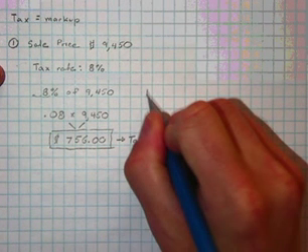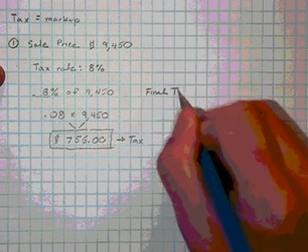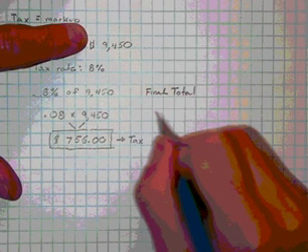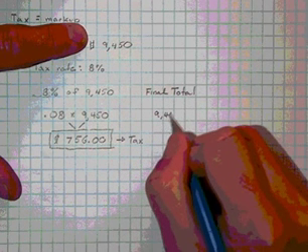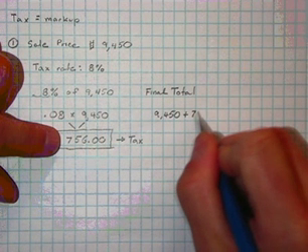To find the final price, I have to take the original price, $9,450, and then add the tax onto it.